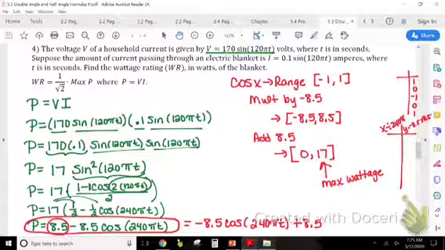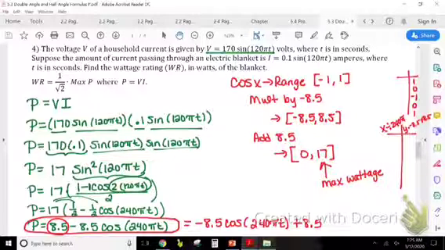And we'd have seen in here our smallest number would be 0, and our largest number would be 17. And pull it from there if you wanted to. All right, so now we know that 17 is our maximum wattage. So that's my maximum P. So now can we find the wattage rating?